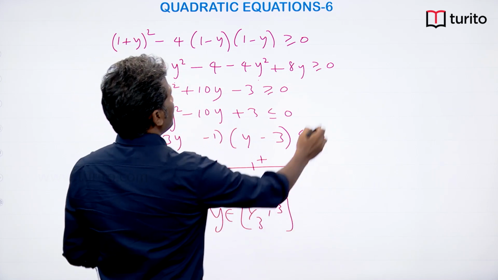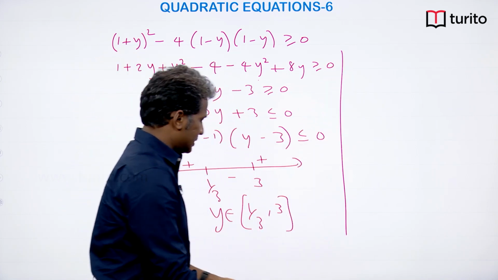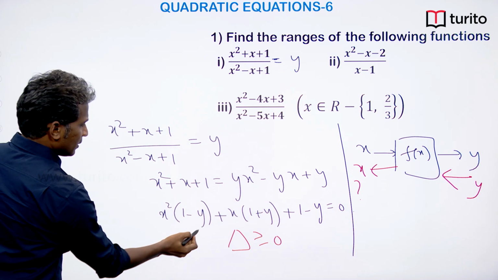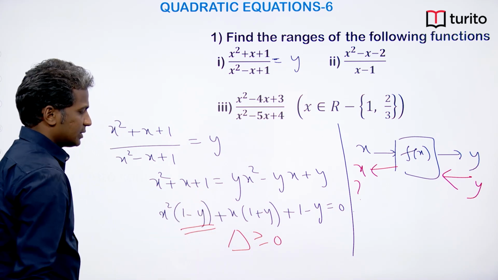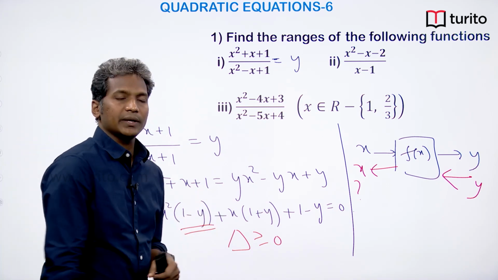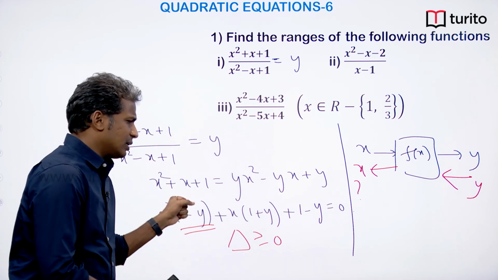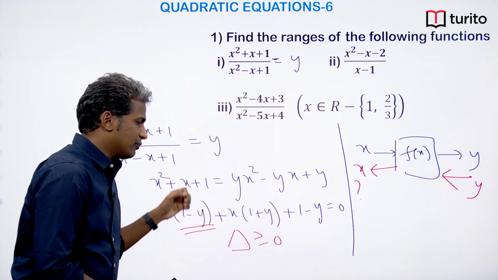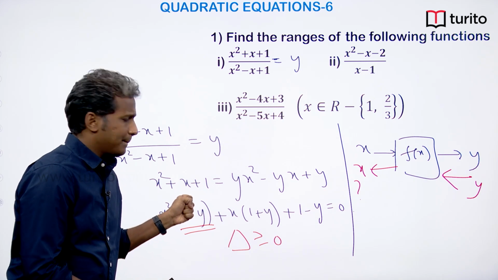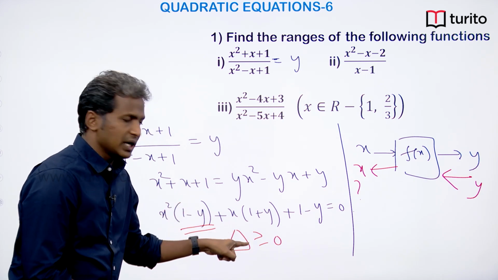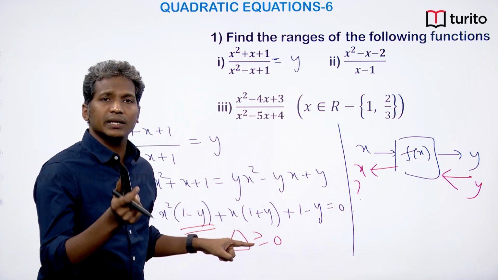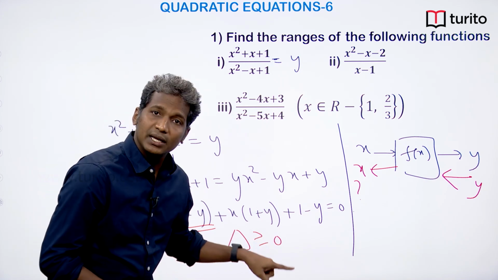What is it? The one more case should start from here. Coefficient of x square is 1 minus y. If this coefficient becomes 0, if 1 minus y becomes 0, then the entire analysis that we have done, that discriminant must be greater than equal to 0, this will fail.